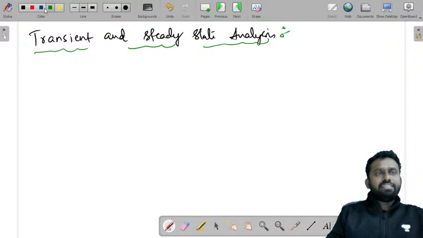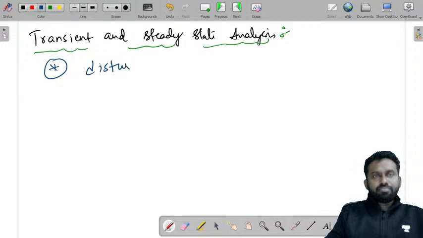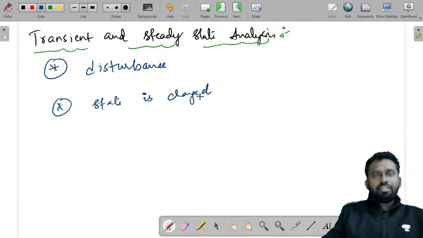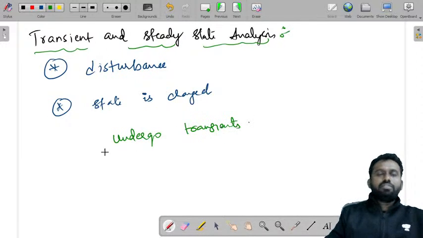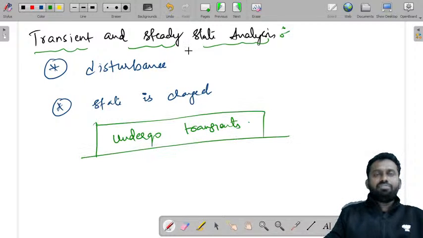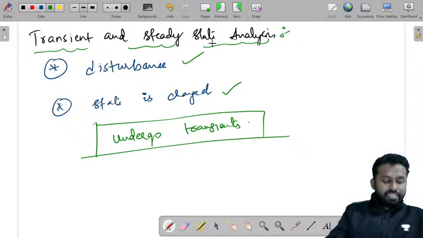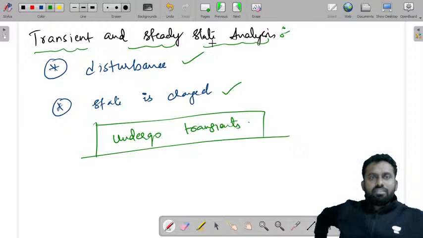So whenever any system, the circuit, is subjected to some disturbance, or if its state has been changed, then the circuit will undergo transients. The circuit will undergo transients if there is any disturbance, or if there is any change of state from on state to off state, off state to on state, or sudden change.